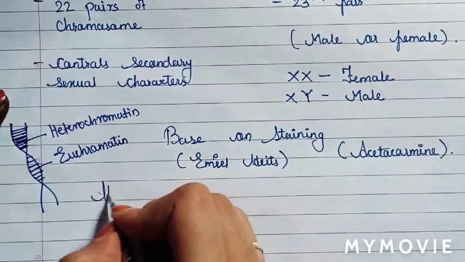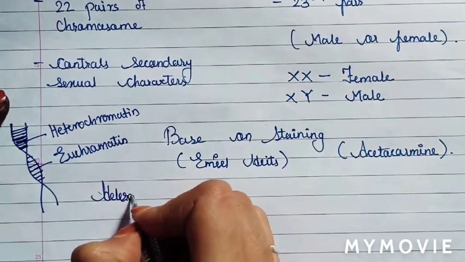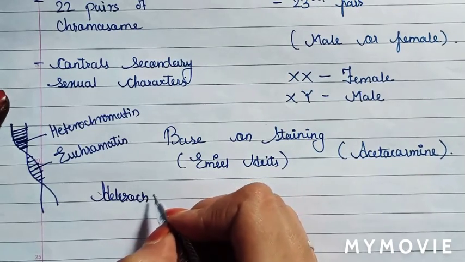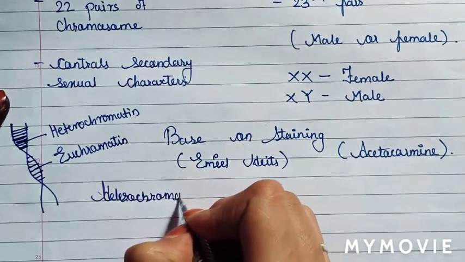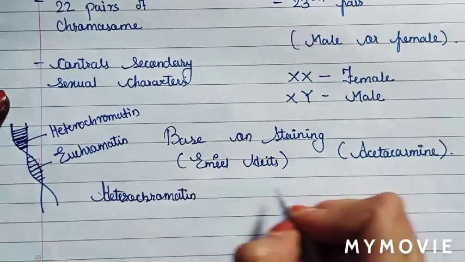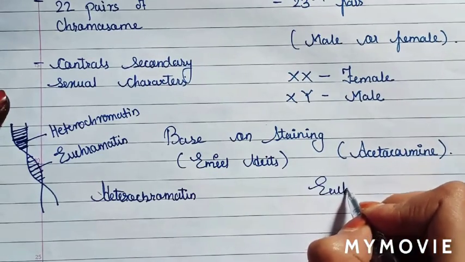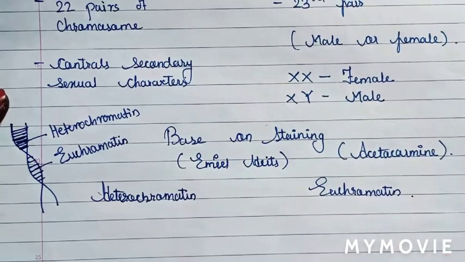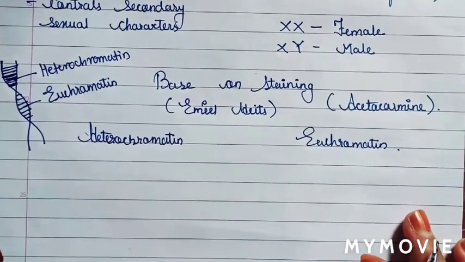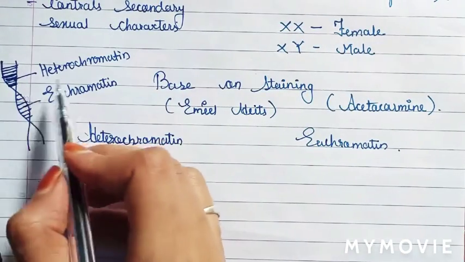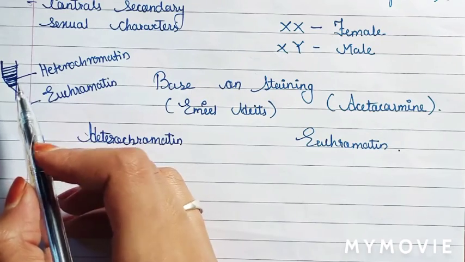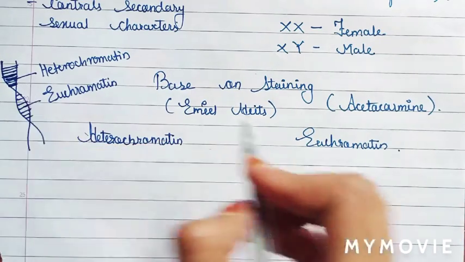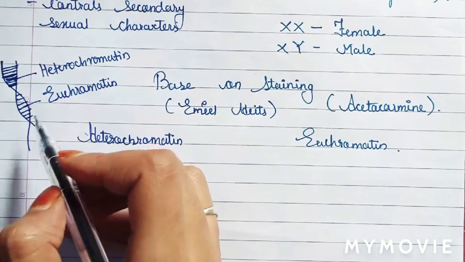So we will write here heterochromatin and euchromatin. As we have seen here, the heterochromatin is the darker stained part, and the euchromatin is a lighter stained part.